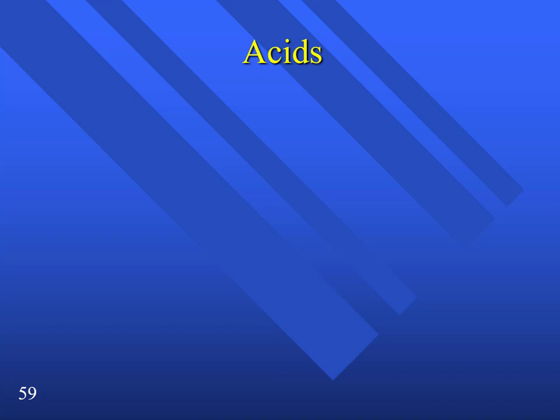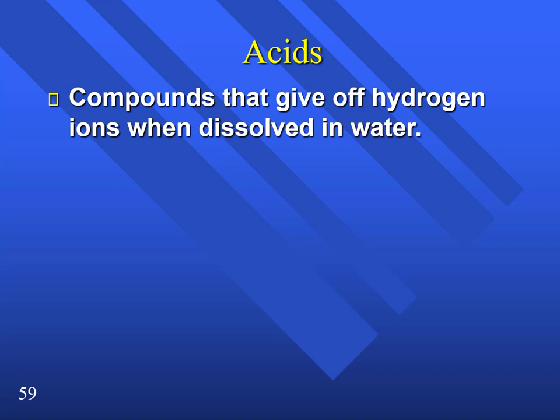Well, this is what makes something an acid. It's something that when you throw it into water and it dissolves, it gives off hydrogen ions. Remember, hydrogen ions are just a proton.